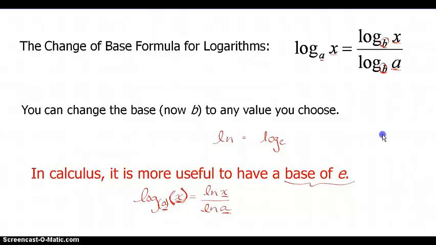Now, since a is some positive real number, and it will be when it's plugged into the natural log function, understand that 1 over the natural log of a is a coefficient to the function natural log of x. This is some real number.